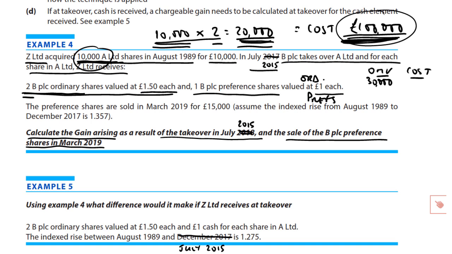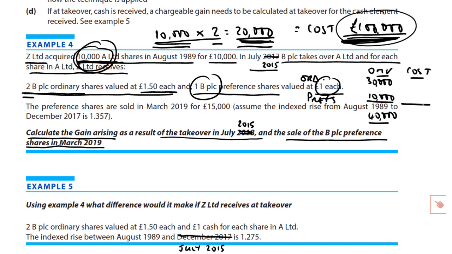You then do it for the preference shares. Same 10,000 times 1, probably don't need a calculator for that, times how much are they worth? 1. You probably don't need a calculator for that either. So the market value of the preference shares, 10,000. So a total value of £40,000. Why do we need this?